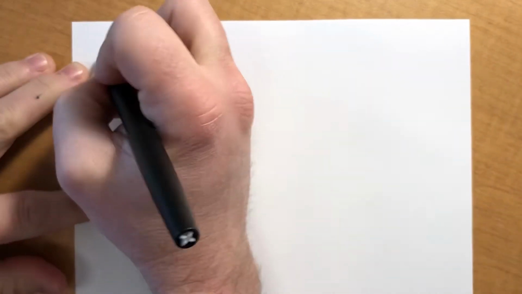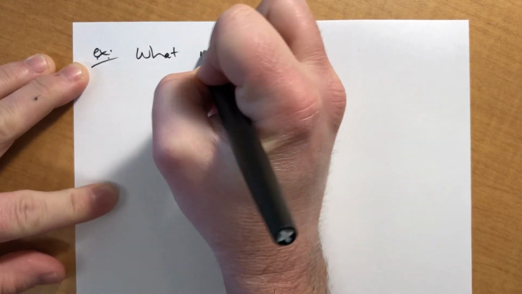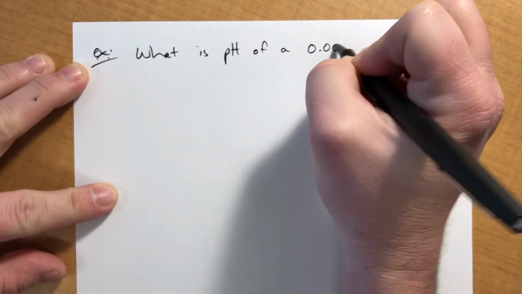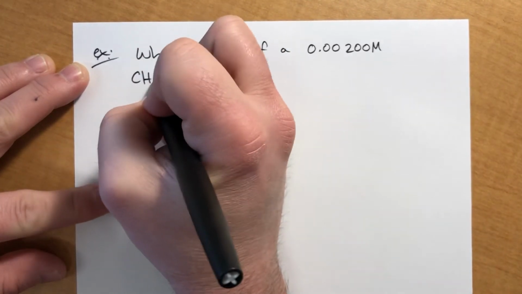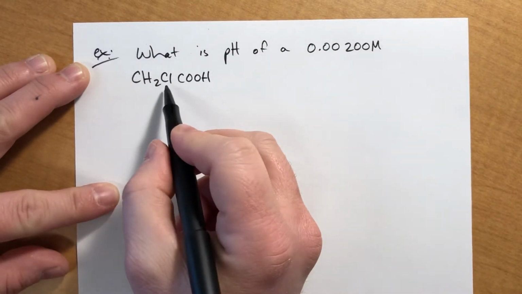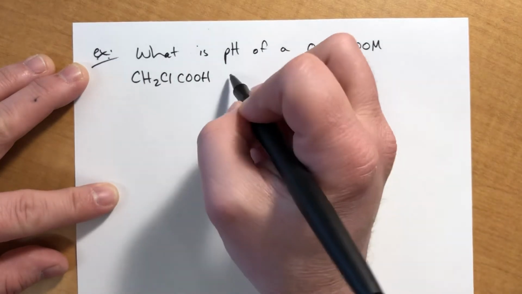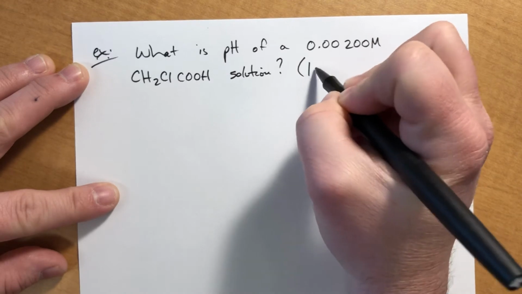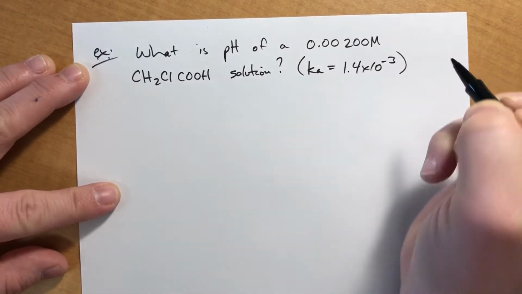So, what is the pH of a 0.00200 molar CH2ClCOOH solution? It's essentially acetic acid, but one of the hydrogens has been replaced with a chlorine, which actually makes it a stronger acid. Ka equals 1.4 times 10 to the negative third.